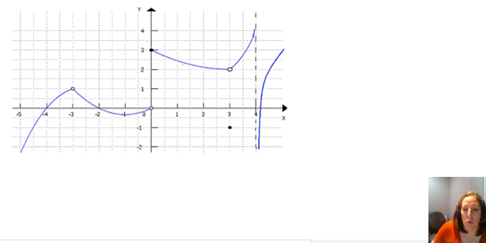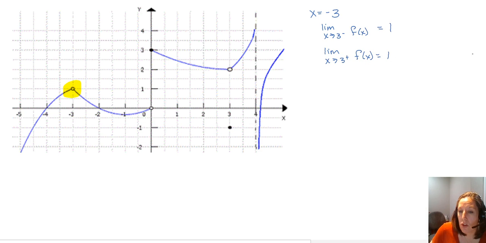The first thing we need to do is identify the limit. First we'll look at the one on the left, x equals -3. We're looking at this point right here. As we approach x equals -3 from the left and from the right, for our function f of x graphed here in blue, from the left it's approaching a y value of 1, and from the right it's also approaching a y value of 1.